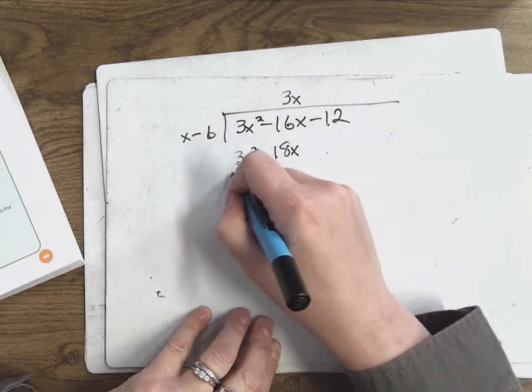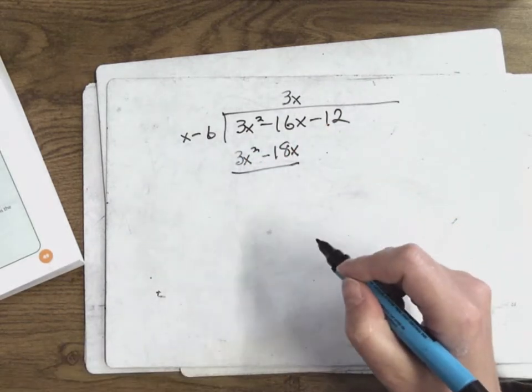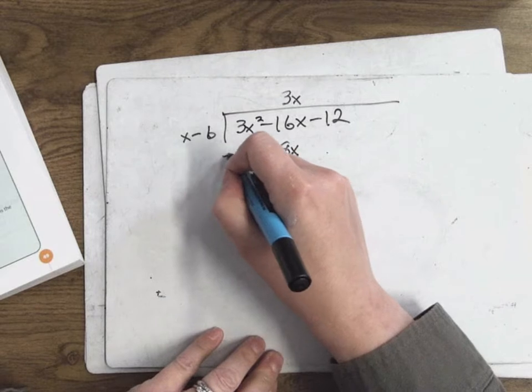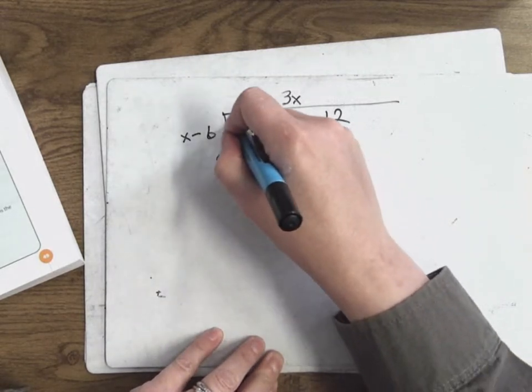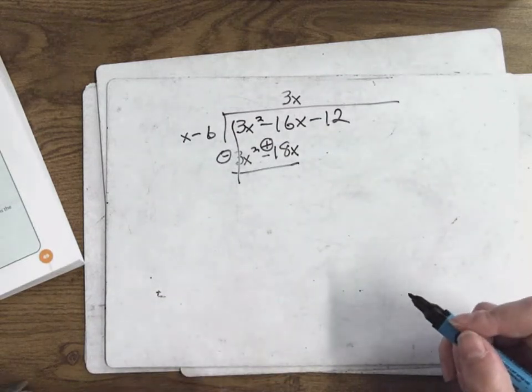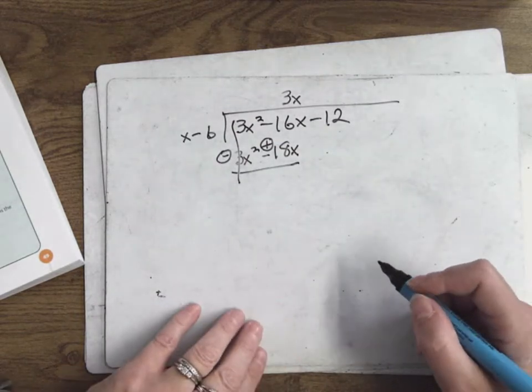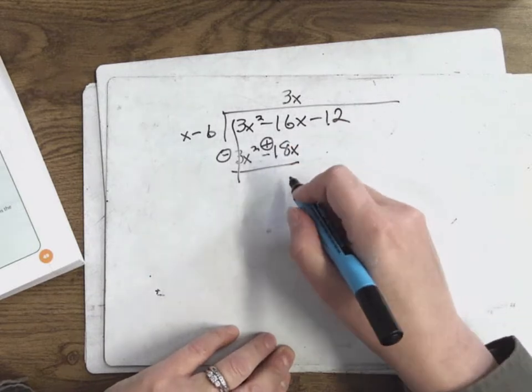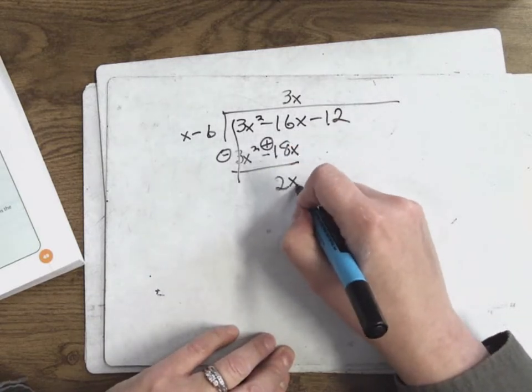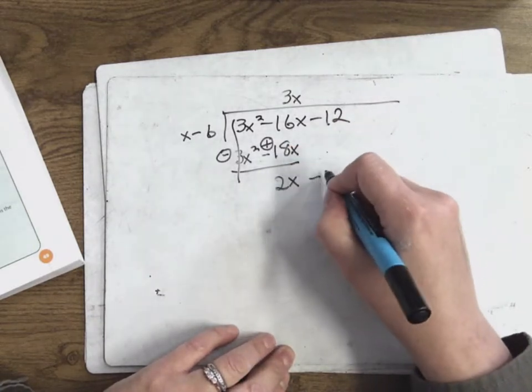Then you subtract. So to subtract, you change the sign. So you change that to a minus, that to a plus. Your 3x squared minus 3x squared gives me 0. If it doesn't, you've made a mistake, because that's what you want to happen. Minus 16x plus 18x will give me 2x. Then you bring down your minus 12.